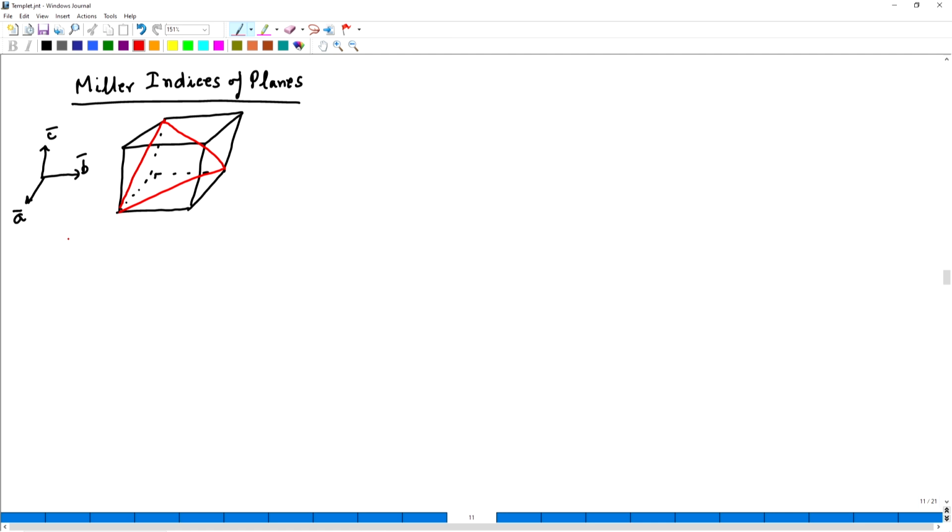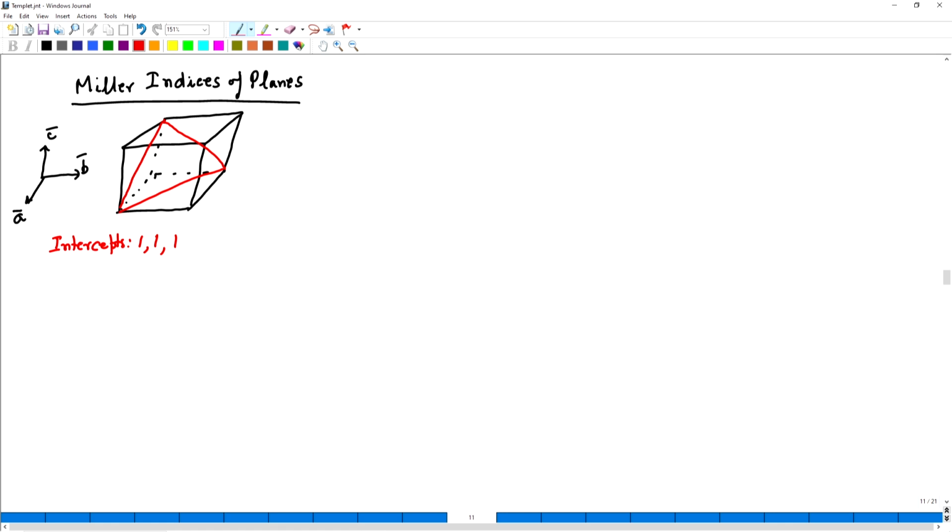The intercepts with the axes: along A it intercepts at 1, along B it intercepts at 1 and along C it intercepts at 1.